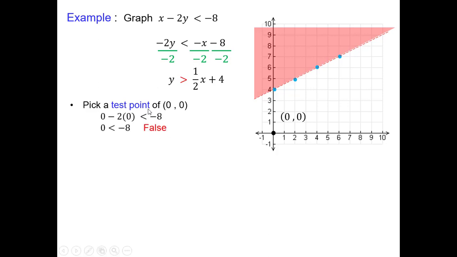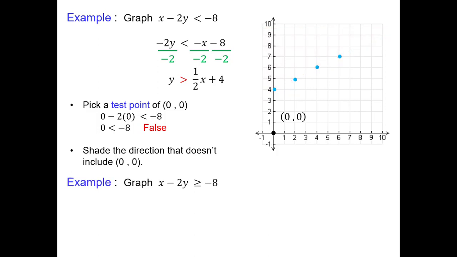So we're going to plug in the values of 0 for x and 0 for y, and that gives me 0 minus 0 is less than negative 8. Well, that's false. 0 is not less than negative 8. So that means we are not shading the direction that includes 0, 0, which is why we shaded the opposite direction above the line. So whatever method makes more sense to you, that's the method you should use.